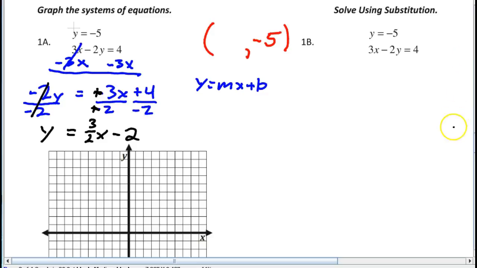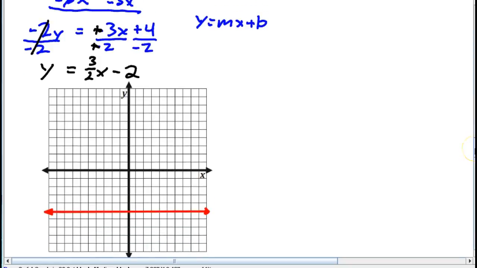So small detail. Remember, if our one negative is wrong, then our line's not going to intersect at the right place. Okay. Now we can graph this. Start at negative 2. And we'll go up 3 and right 2. Up 3, right 2.